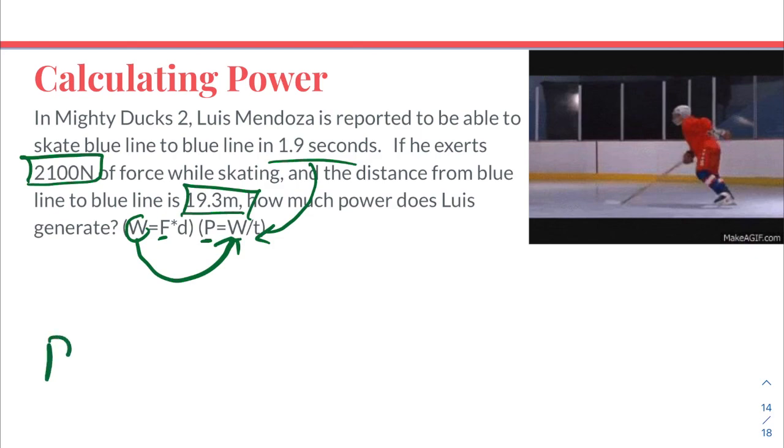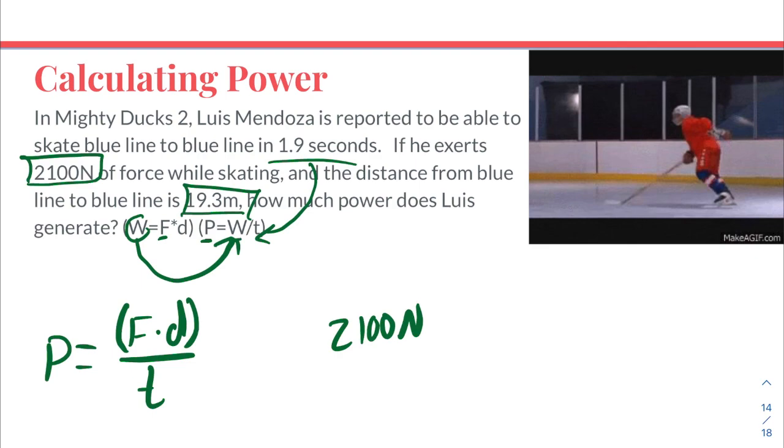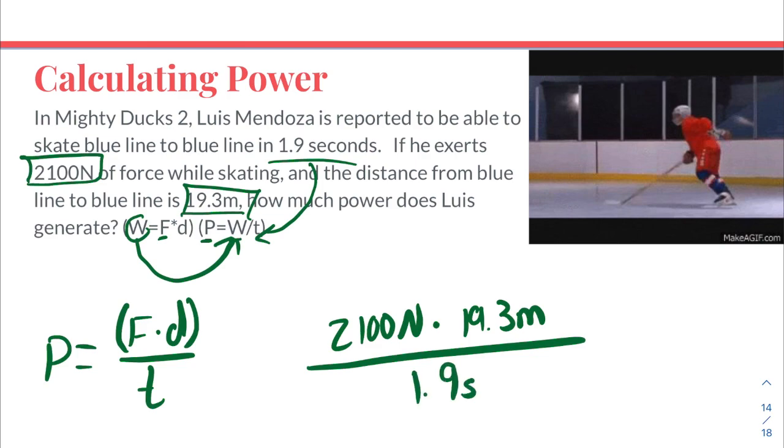So we're going to say power is equal to force times distance over time. Instead of saying work over time, since work is equal to force times distance, we can substitute that in. So then we get 2,100 newtons multiplied by 19.3 meters, and that is all over 1.9 seconds.